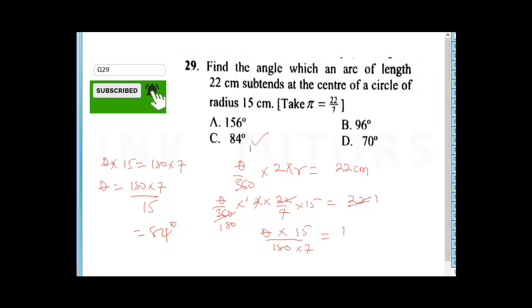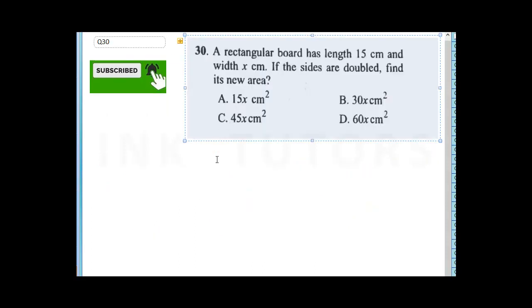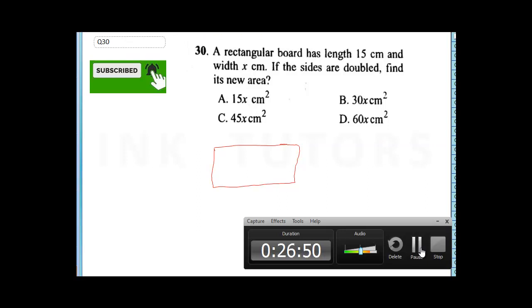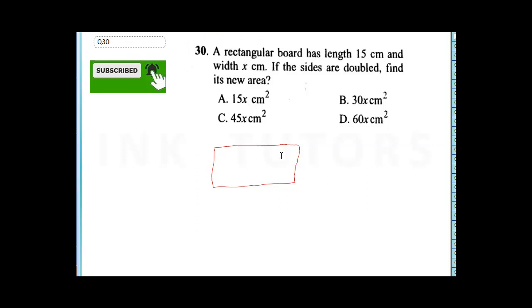Then the last question for today says question 30. A rectangular board has a length of 15 cm and width x cm. If the sides are doubled, now this is our rectangle.